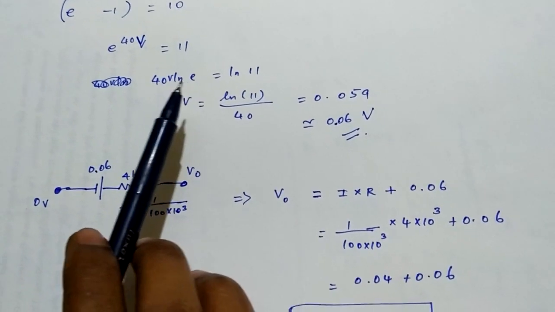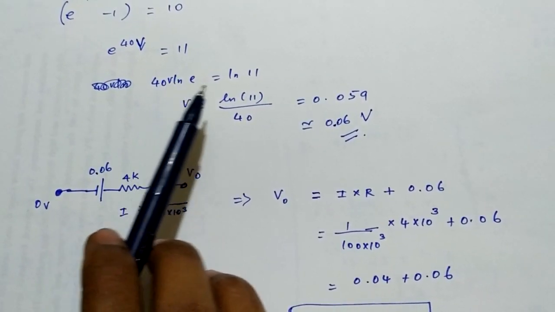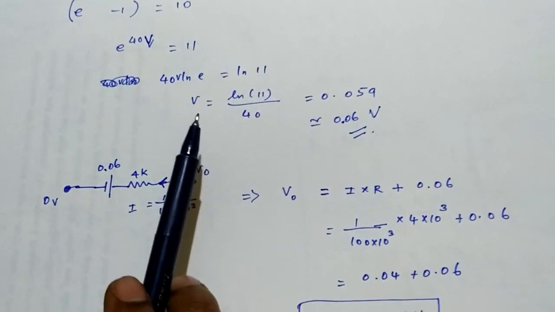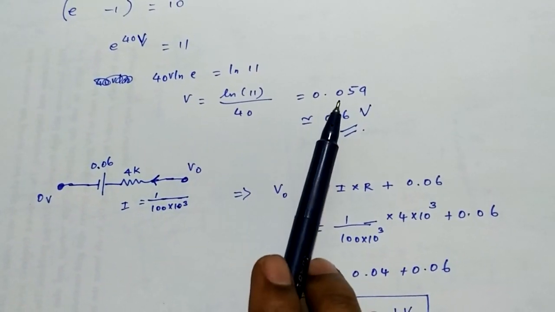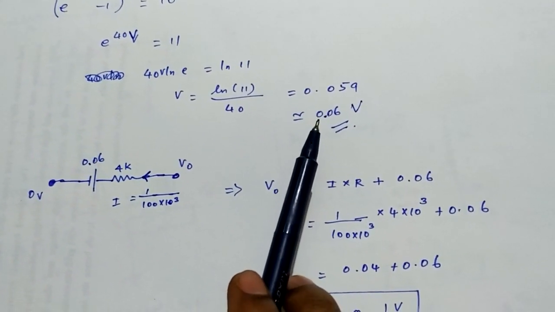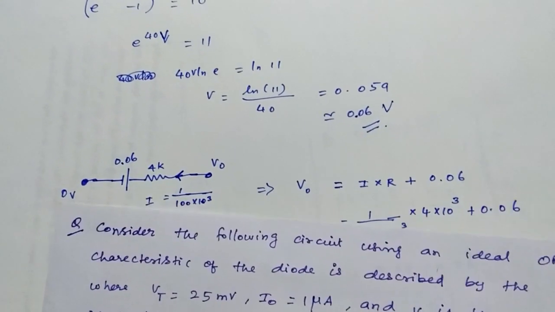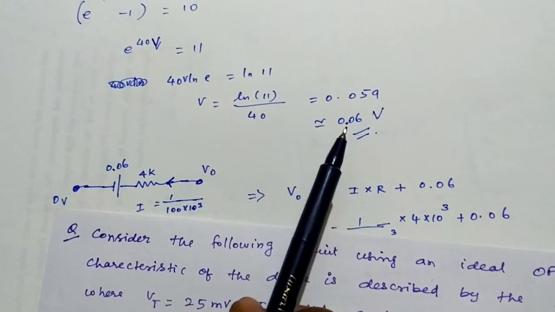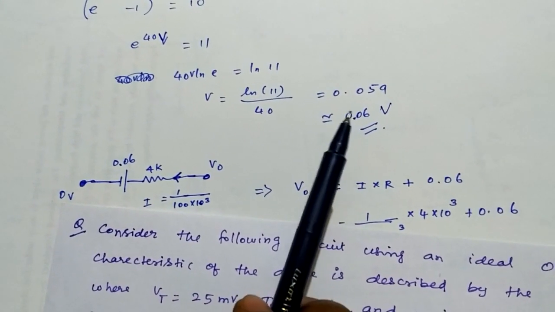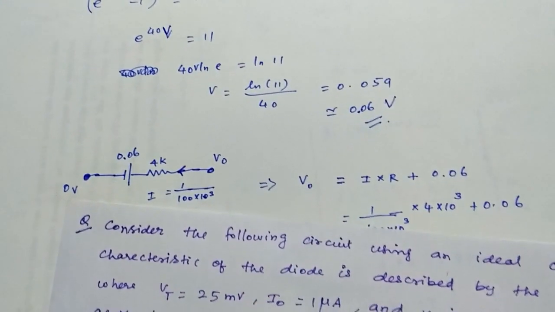Taking natural log on both sides and simplifying, we get the voltage as approximately 0.06 volt. So this voltage is nothing but the voltage across the diode. The voltage across the diode is 0.06 volt.